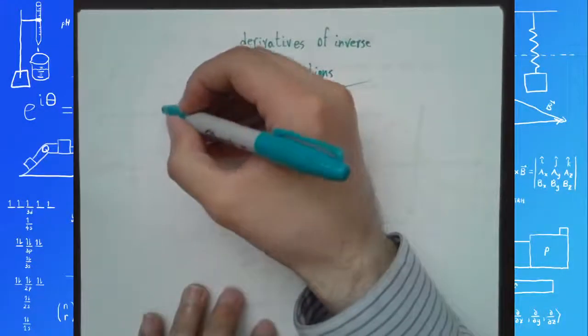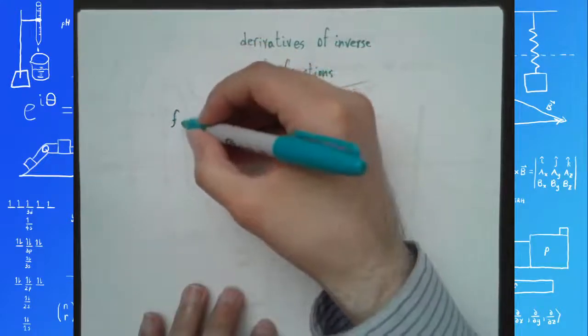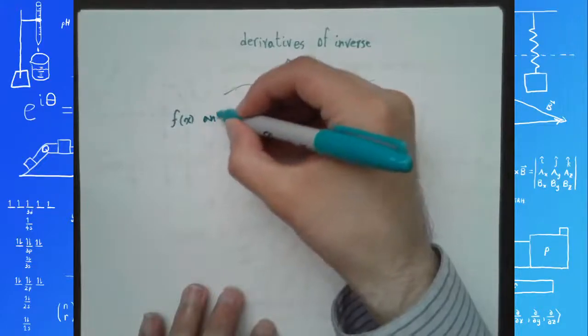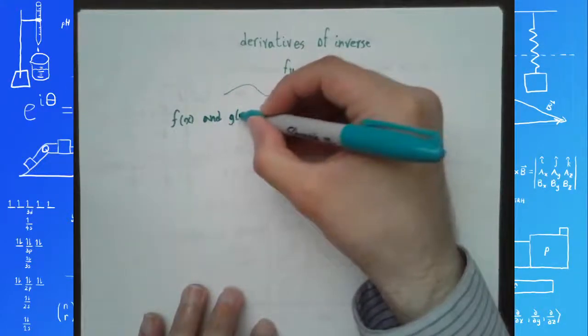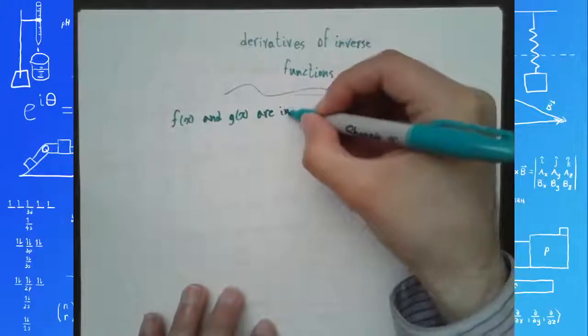Well, let's say that f of x and g of x are inverses of each other.